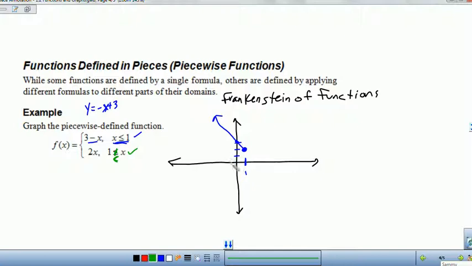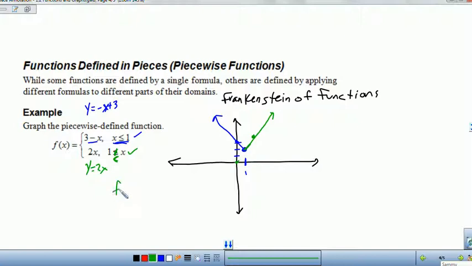Remember, that's like y equals 2x. That goes through the origin, so I'm going to put a little dot there. And from there, it goes up 2 and over 1. Look at that, it goes through the same point. So it's going to look something like this, and it's going to go from this point on. But with this one, it would be open.